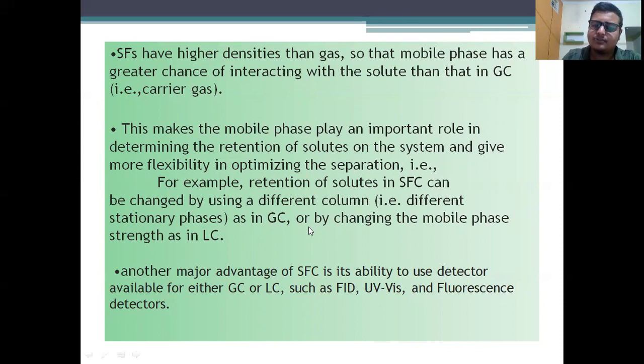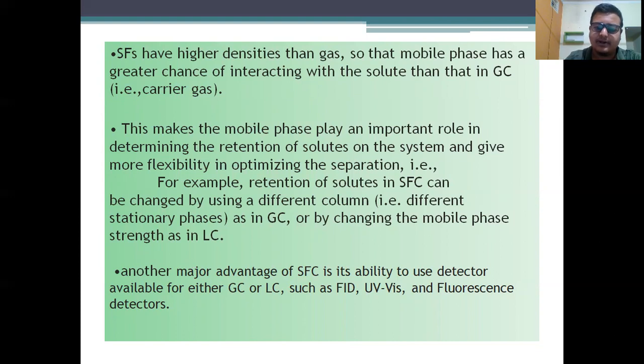But we can also do it by changing the mobile phase strength, as in liquid chromatography. We can employ any of the methods we are comfortable with, as in gas chromatography or liquid chromatography, to increase or decrease the retention time in favor of our separation to get a maximum yield.